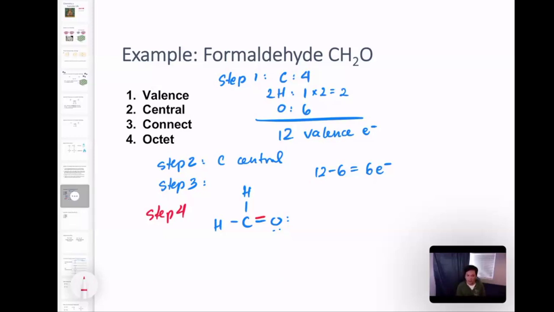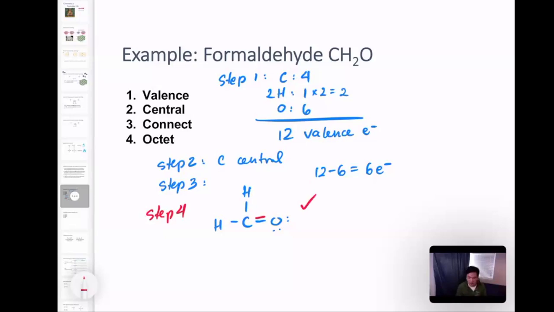Notice when we do that, carbon has how many electrons now? Carbon has 8 electrons, right? It has 4 bonds connected to it, and 4 times 2 is 8. What about oxygen? Oxygen has 2 pairs of non-bonding electrons and 2 pairs of bonding electrons. So that's also 8. So yes, everybody has an octet.